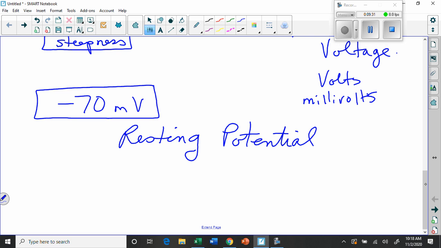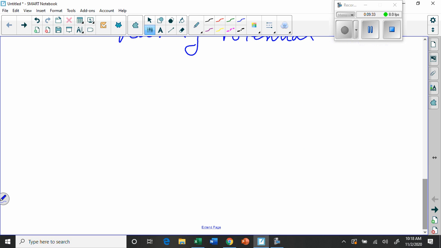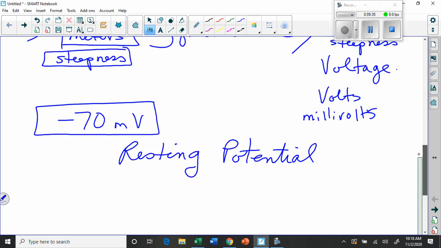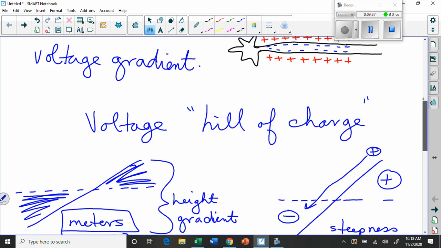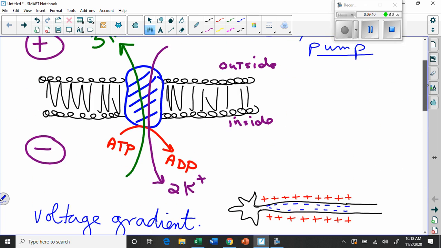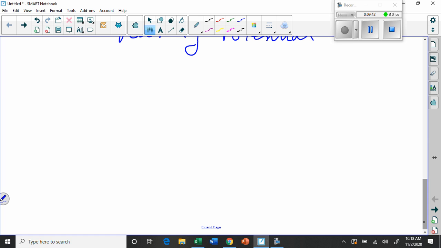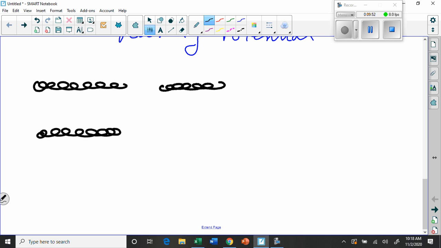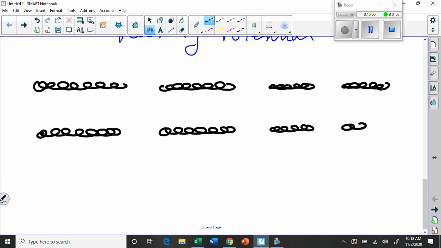Okay, let's talk about how this works sort of in numbers. All right. Now, if I go back to my picture, remember this picture I drew of the membrane way up at the start? I'm going to add to that picture. I'm going to draw that picture again, just so we have something to visualize. Here's my membrane. We'll leave room for our sodium-potassium pump there. And then we're going to put some other guys in here.